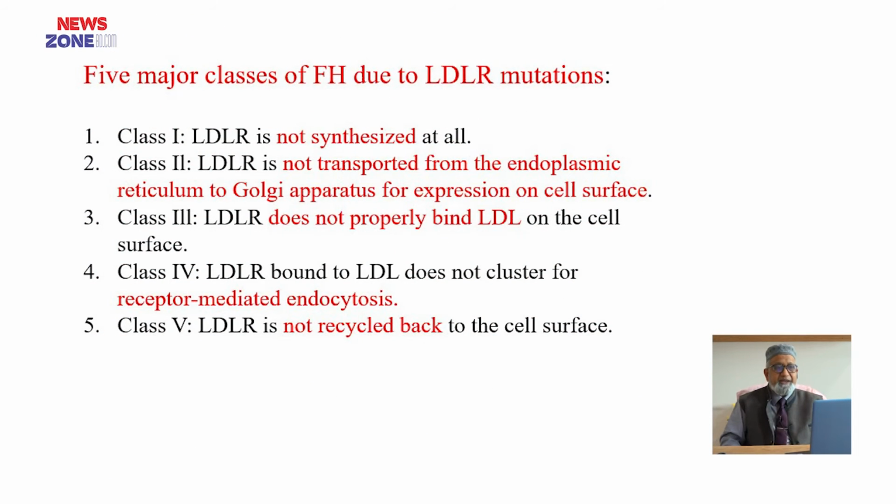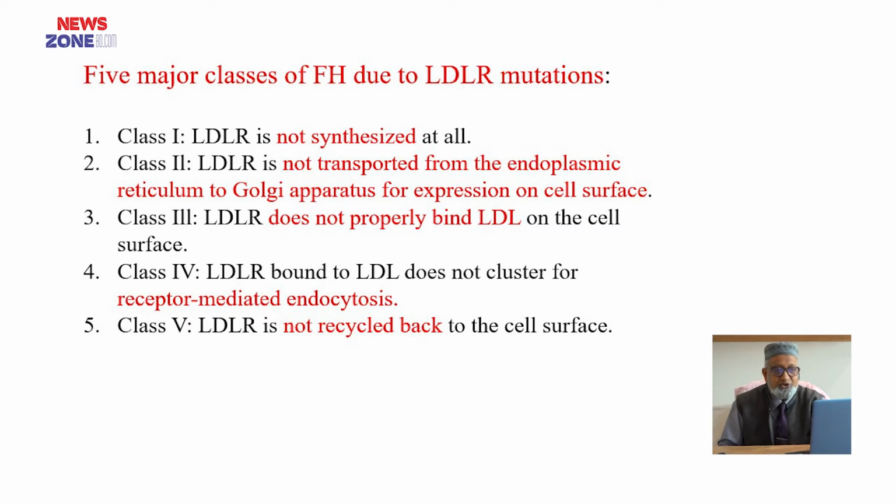Again, in familial hypercholesterolemia, we can classify five major classes of Ldlr mutations. Class 1, the Ldlr is not synthesized at all. Class 2, it is synthesized but not transported from the endoplasmic reticulum to the Golgi apparatus for expression on the surface.